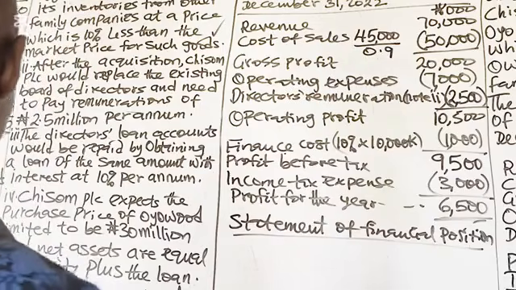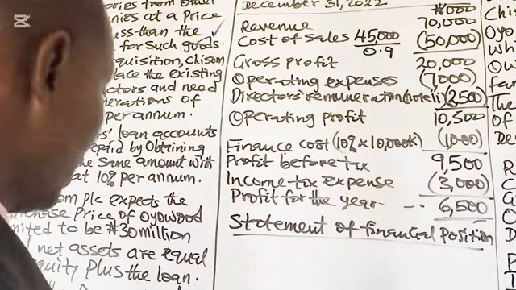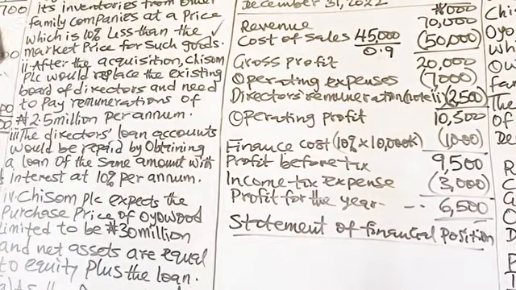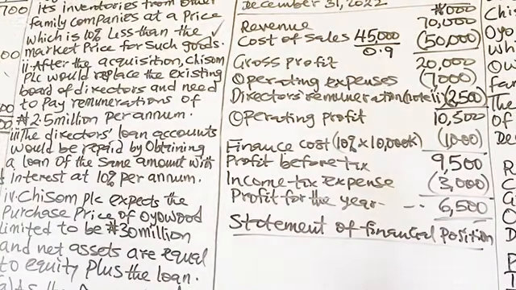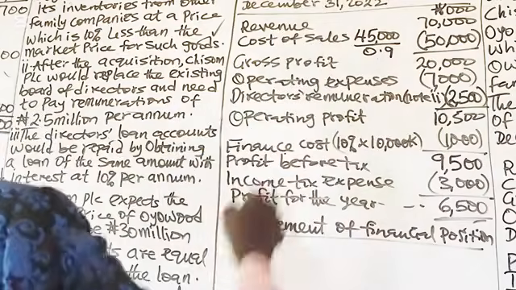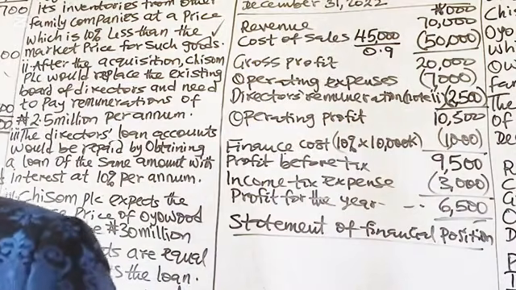Then you are given the net asset turnover, so you will need the net assets or capital employed. You are also given the net profit margin, and the information to calculate that has been obtained in the statement of profit or loss.